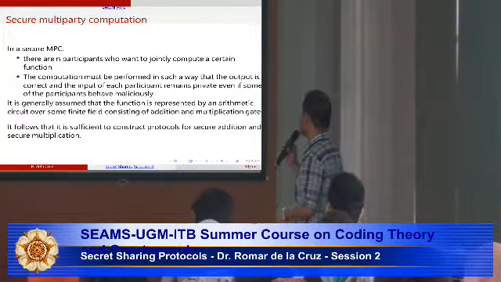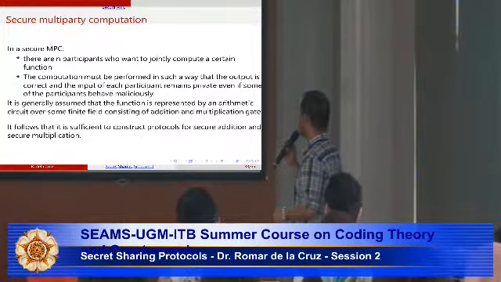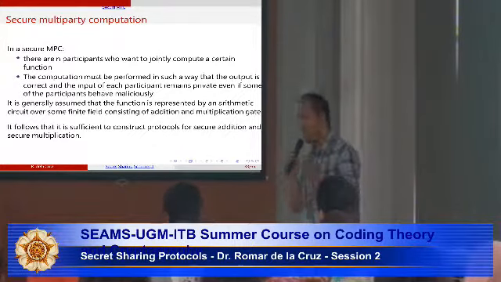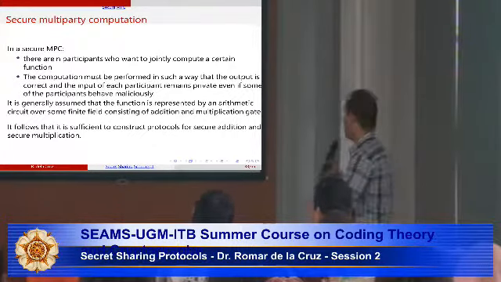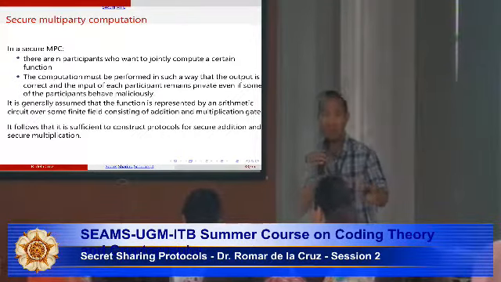First, we assume the following. This is a general assumption in MPC. When you implement an MPC, it is represented by a circuit over a finite field where the gates are addition and multiplication.